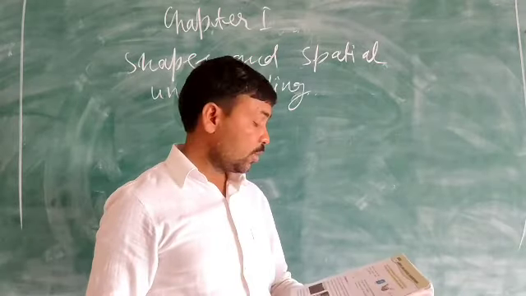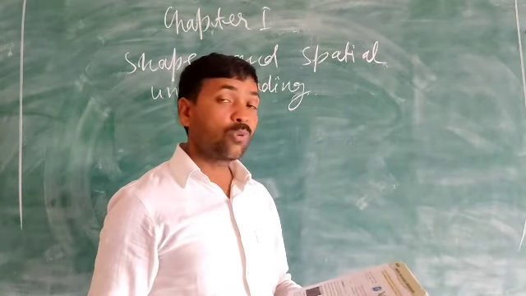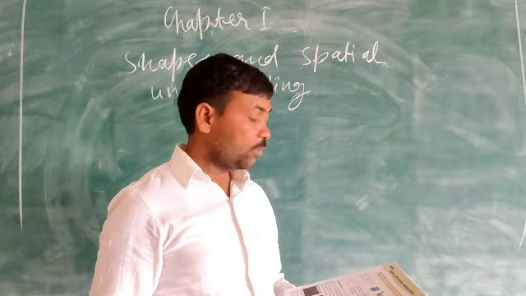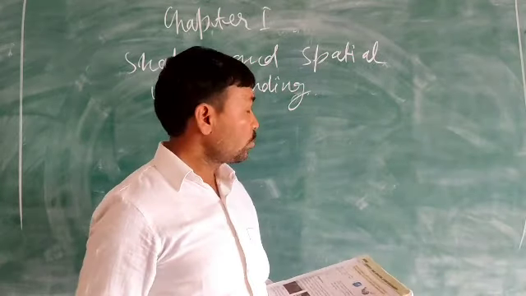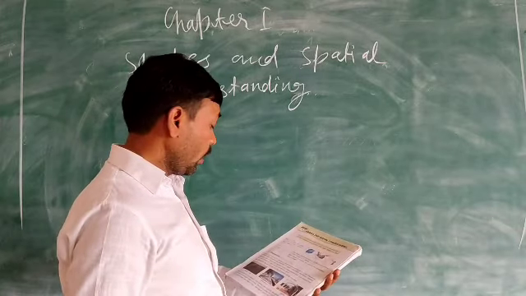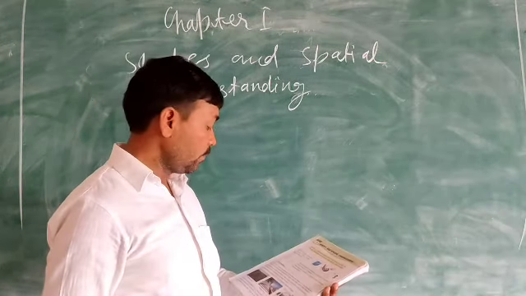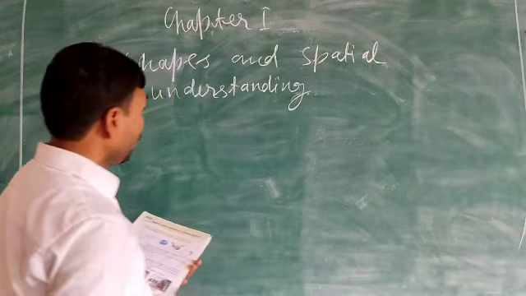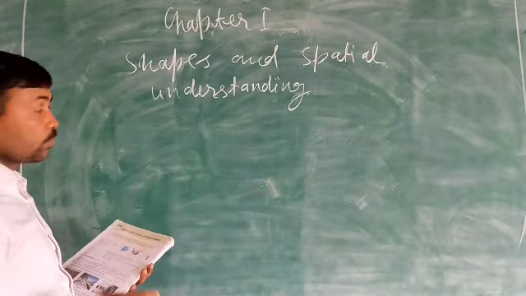But we will use the perspective view to draw a three-dimensional object on a two-dimensional surface. So first, let us read the definition of perspective view given in the book. You can note it in your notes book.